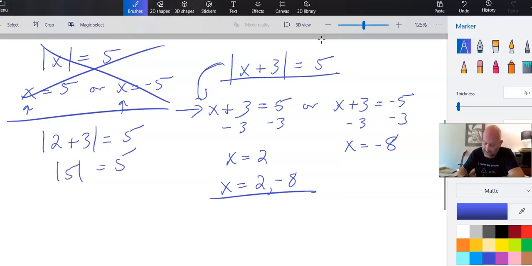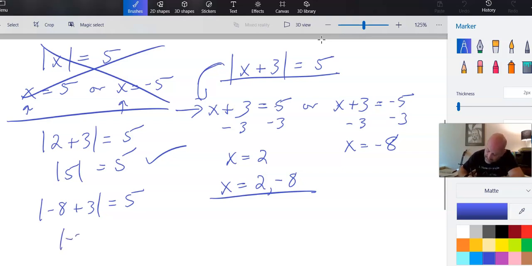Definitely works. Check. Now we try negative 8. So the absolute value of negative 8 plus 3, we want it to be equal to 5. Let's see if it's true. Negative 8 plus 3 is negative 5. And the absolute value of negative 5 is 5. So that one's a check also.